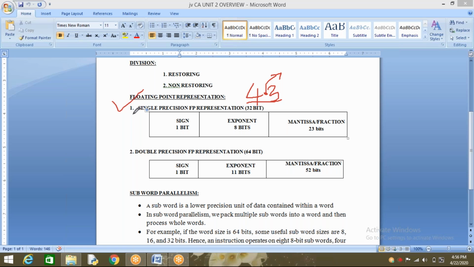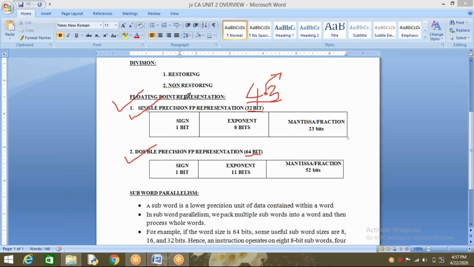It can be represented in two ways. The first one is single precision floating point and the second one is double precision floating point. Single precision floating point is a 32-bit representation, whereas double precision floating point is a 64-bit representation.